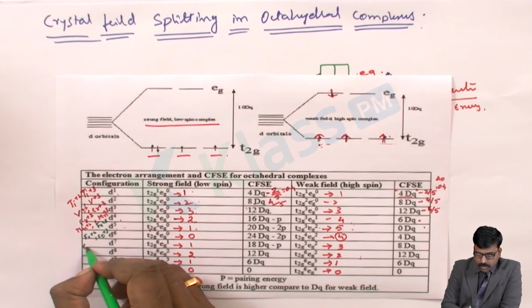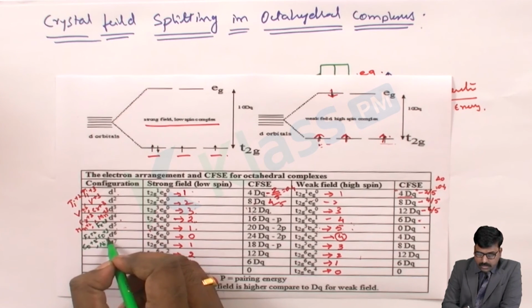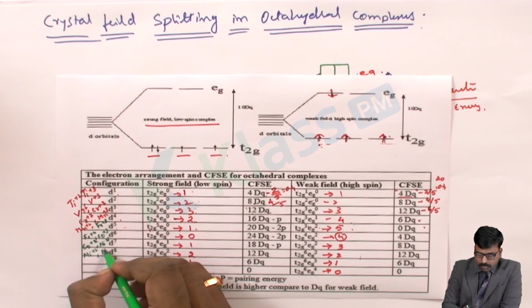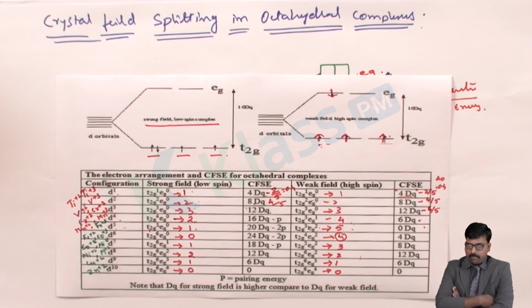For the D7, cobalt plus 2 and nickel plus 3. D8, nickel plus 2, platinum plus 2. For the D9, it is copper plus 2. For the D10, it is zinc plus 2. These are the examples. Okay. So, in this way, the crystal field splitting of the octahedral complexes is being explained.